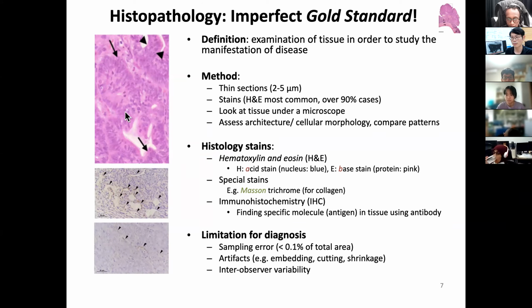And another thing is that making this sample always involves artifacts, because you have to embed the tissue into, let's say, paraffin or OCT, and when you cut the sample and put it in chemicals, there's a shrinkage issue. Most importantly, later on you need to find a good doctor who is not likely to miss your problem. So inter-observer variability. These final issues may be resolved by adopting AI machine learning techniques.